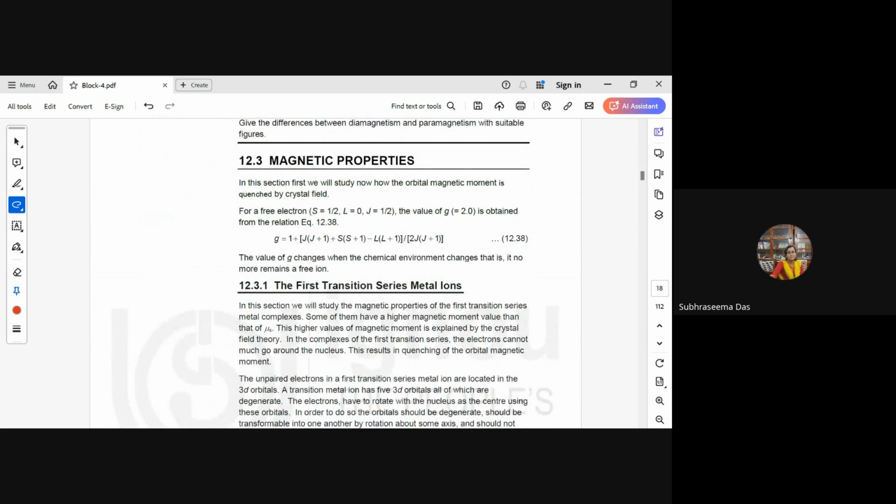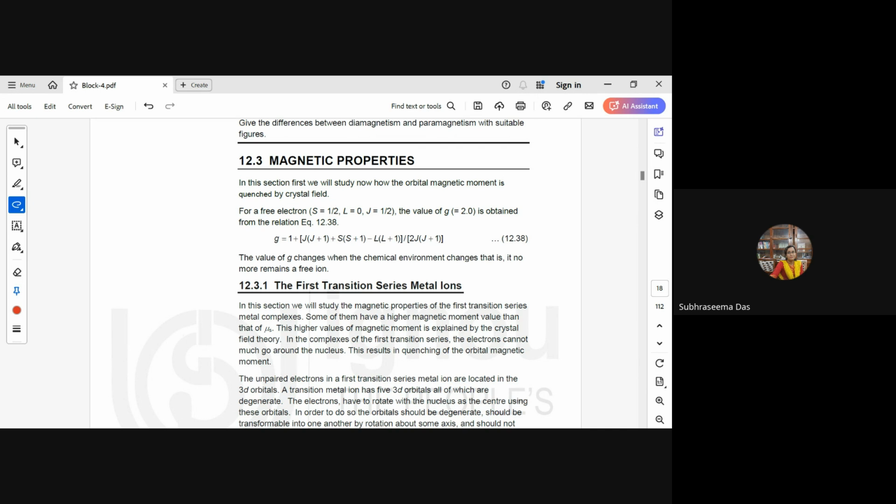Then coming to magnetic properties. First, in order to understand the magnetic spectra and other properties, we need to understand the orbital magnetic moment. For a free electron, an example is given.